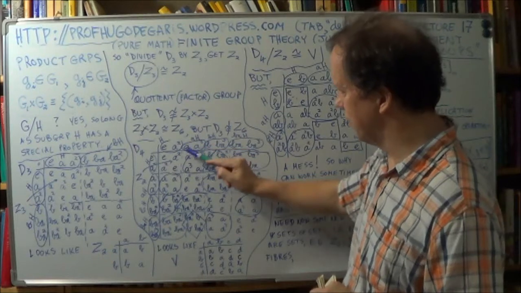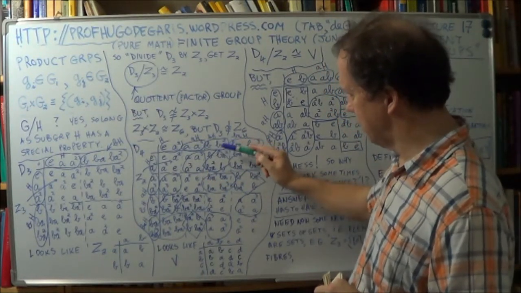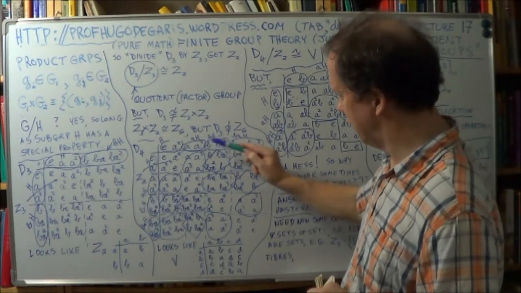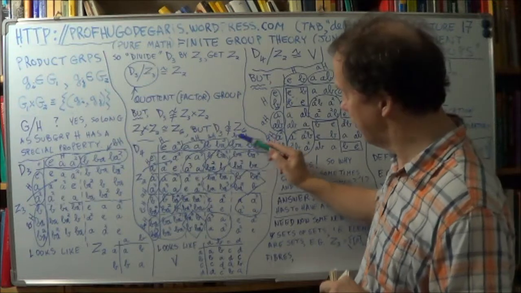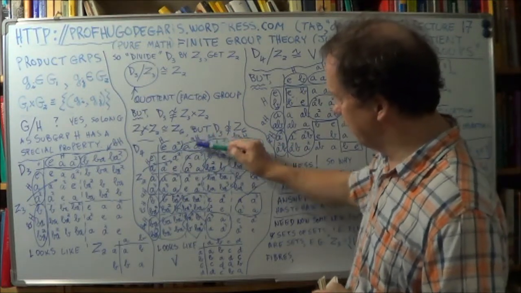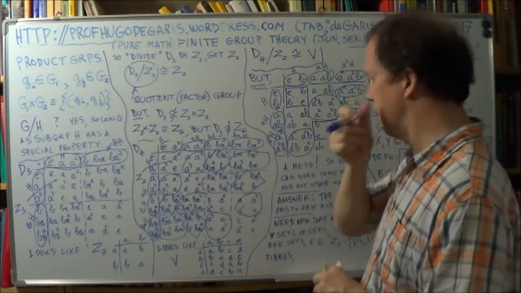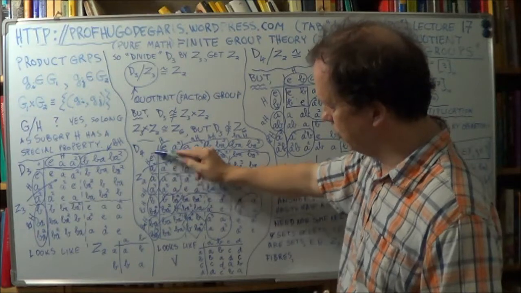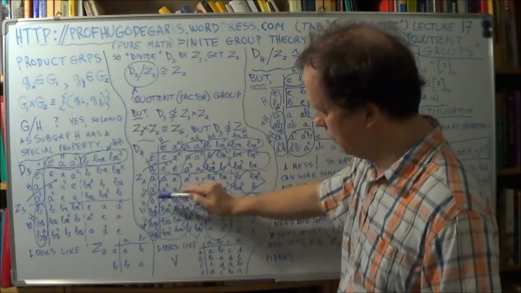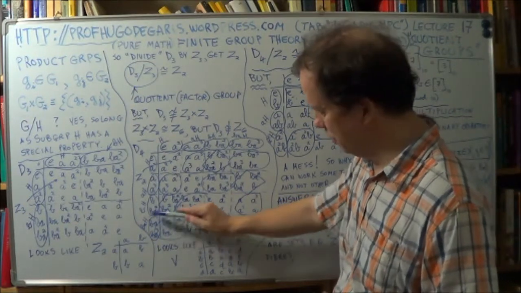You can just see that: A times that. And this is the coset BH, and this is the coset BAH. So we've listed in order of cosets now, and similarly down here. So that's the subgroup H, that's the AH coset, this is the BH coset, and this is the BAH coset.